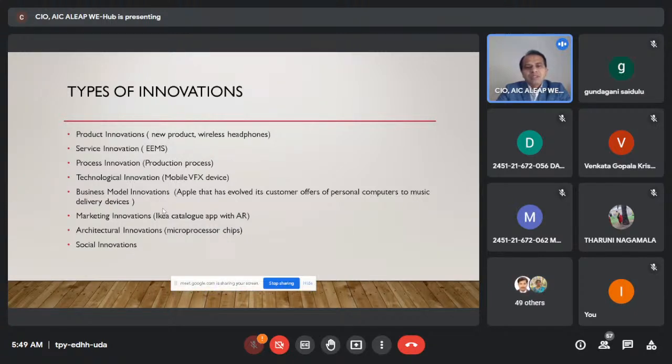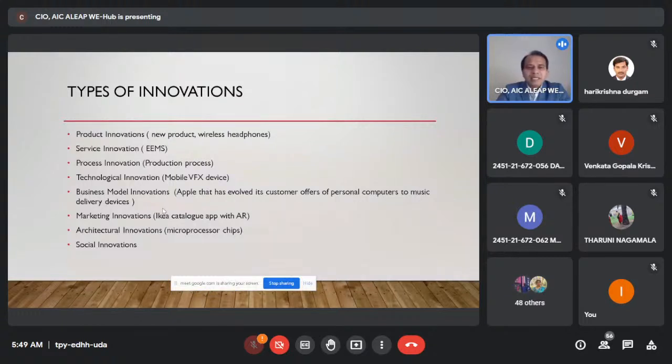For example, wired headphones and wireless headphones. The wireless headphones are the best example of product innovation. You have a product, headphones, that has a new feature where it comes without any wires. So that's what product innovation is.